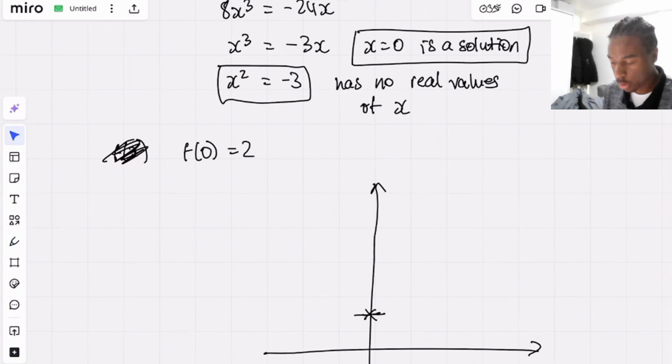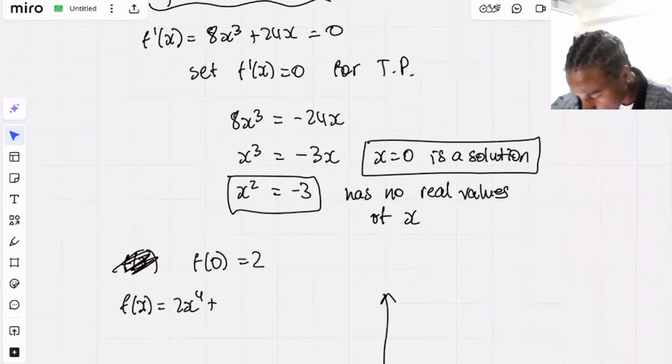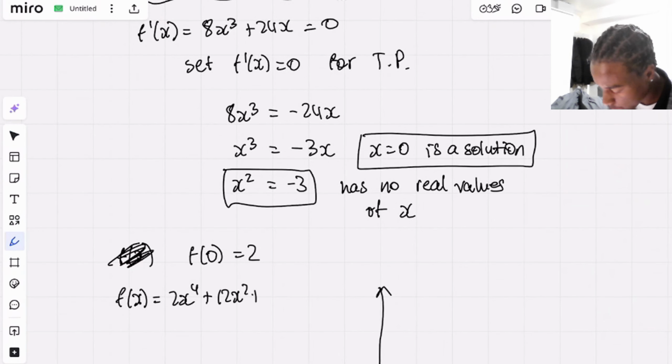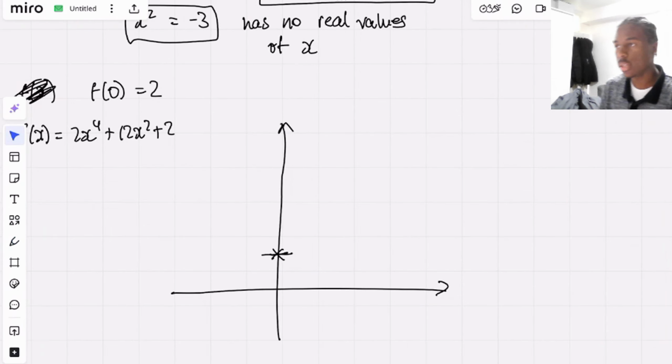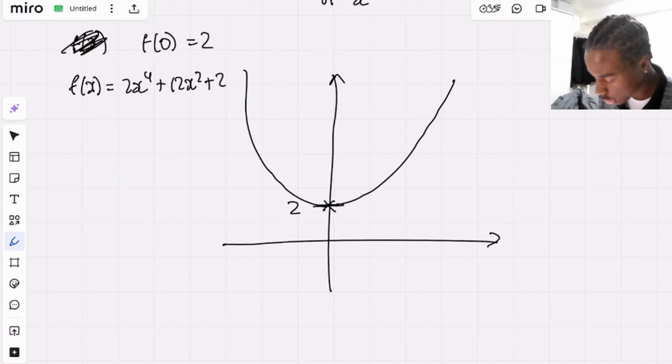Now let me just write our function down here again, 2x to the 4 plus 12x squared plus 2. We know our function is symmetric, and we know that as x gets very, very positive, our function gets very, very large, and when x is very negative, our function gets very, very positive again. So remember, this part here is 2.